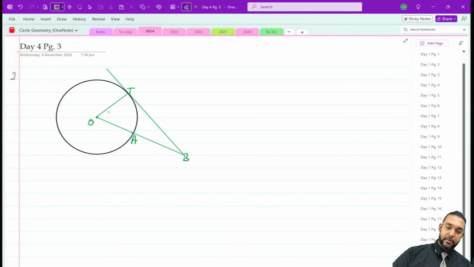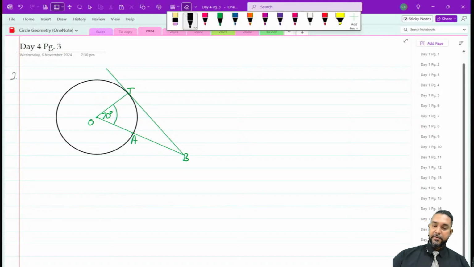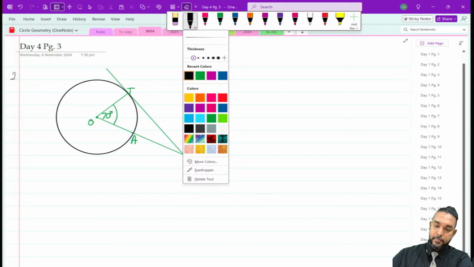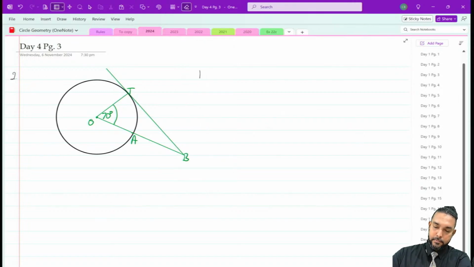We are given the magnitude of the angle at center being 70 degrees, and then we are being asked to find the following angles.